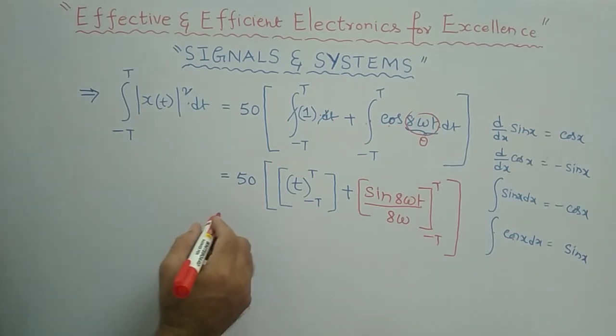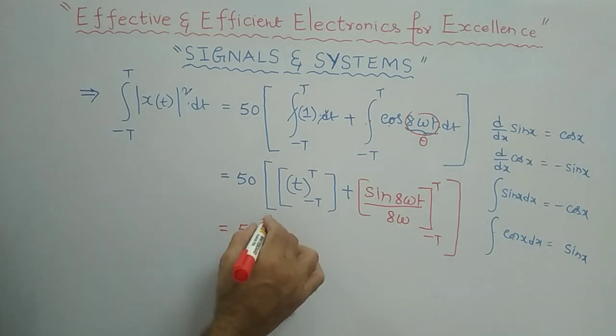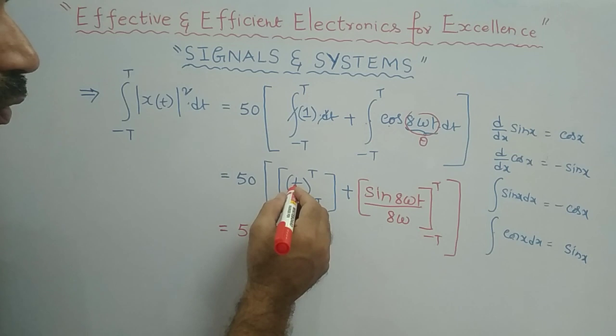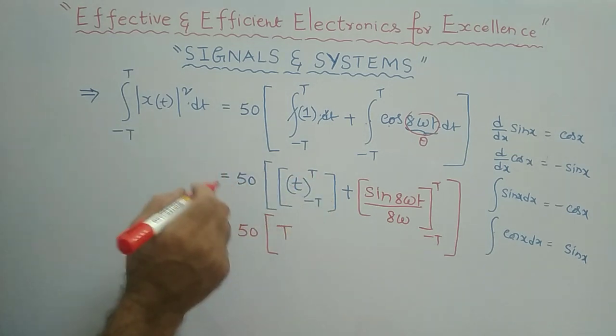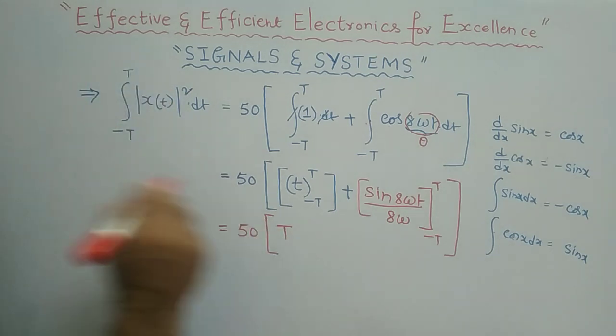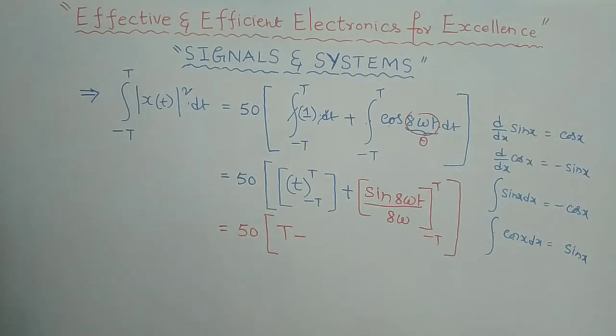Therefore, the next step will be, your 50 is outside only. And here, in place of the small t, if you apply the upper limit, it is capital T. So in place of small t, you apply the upper limit first, meaning capital T you have to substitute, minus. You know how to apply the limits, no?